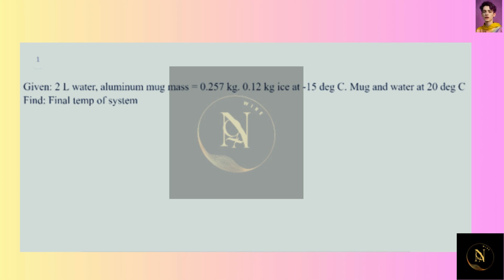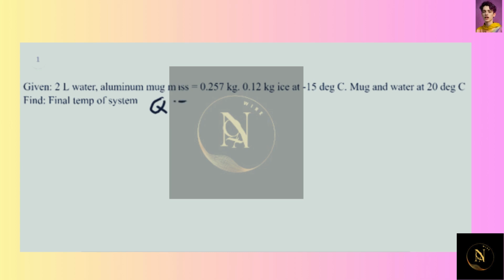This kind of problem should be looking pretty familiar by now. But it's another one of these problems where we have a system made up of multiple parts that Q has to be calculated for.